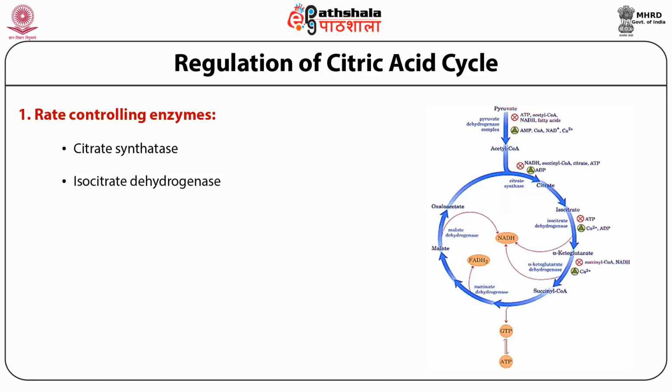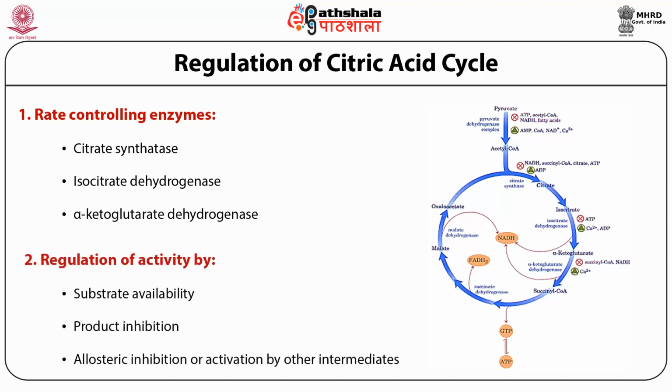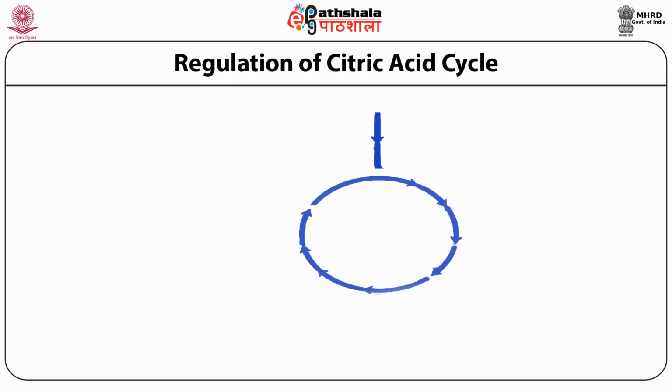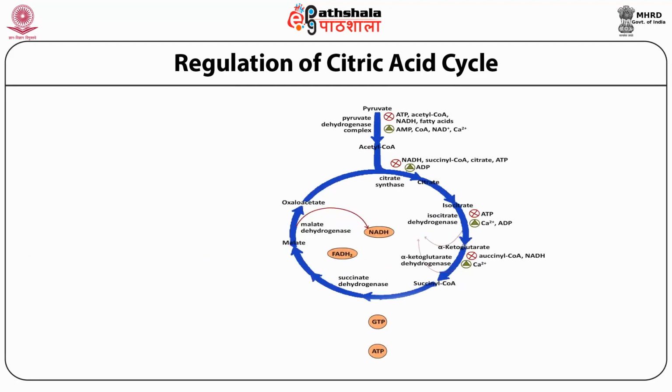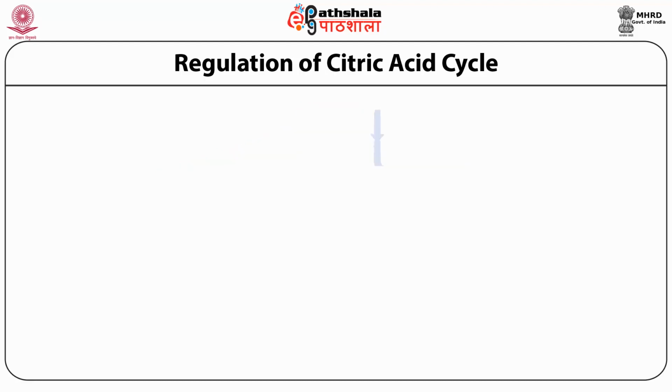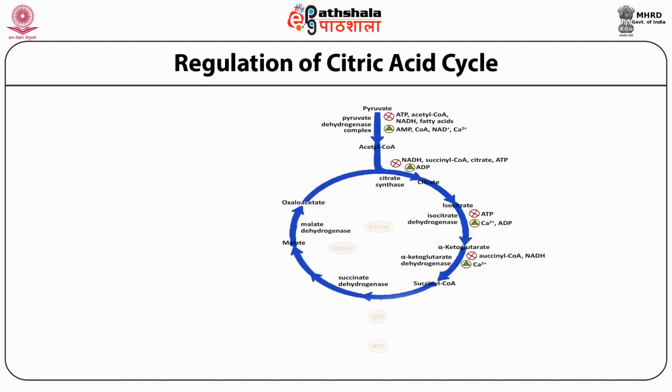The isocitrate dehydrogenase and alpha ketoglutarate dehydrogenase reactions also regulate the citric acid cycle. The figure shows the production of acetyl coenzyme A by the pyruvate dehydrogenase complex, which is required under high regulation.